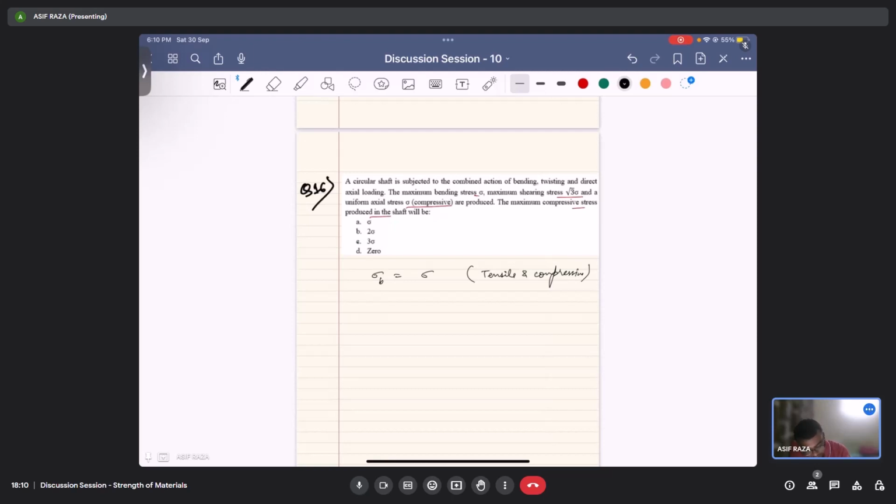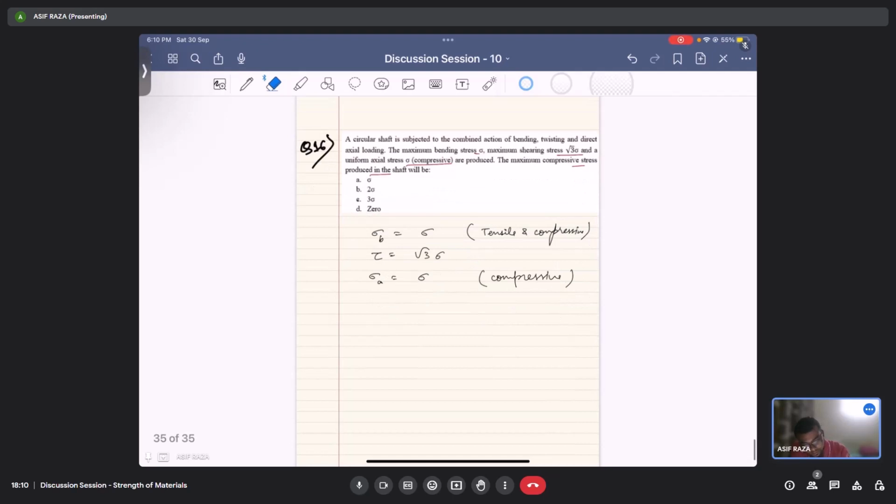Shearing stress tau, it's root 3 sigma, it can be both tensile and compressive, as in plus or minus I'm talking about. And axial stress, it's sigma, it's compressive. Just don't write this sign here.